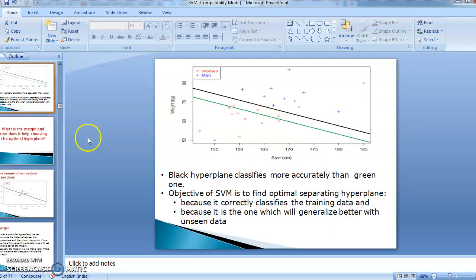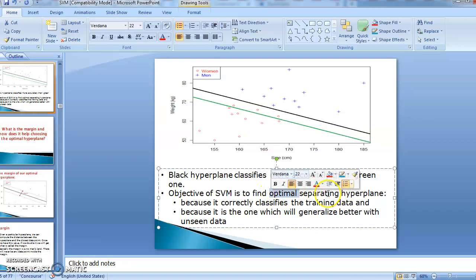There are three data points from the given training data which, because of the wrong selection of the hyperplane, fall on the other class. So the objective of SVM is finding the optimal separating hyperplane, so that we can correctly classify the training data and generalize to the testing set very efficiently.